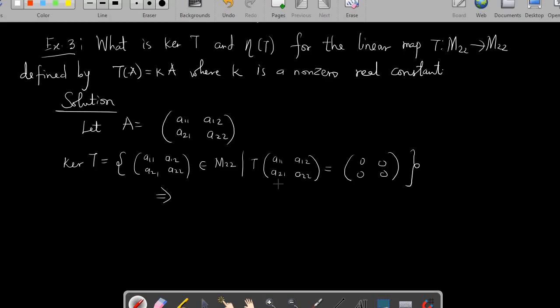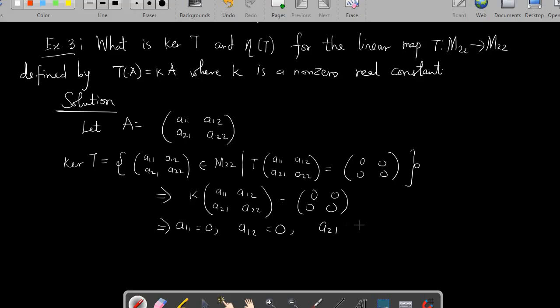Now this implies, you agree with me, that this simply means that your KA, since T of A in the question is given as K times A, that means K times the matrix A11, A12, A21, A22 is equal to the zero matrix 0, 0, 0, 0. Now this implies that A11 is 0, A12 is 0, A21 is 0, and A22 is 0.